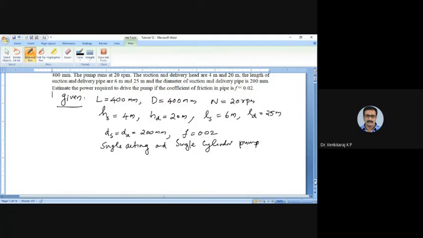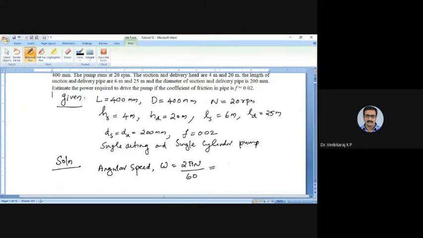Now let us start solving for the power requirement of the pump. Since the speed is specified, we can calculate the angular speed omega. So the angular speed omega we can calculate using the relation 2 pi N by 60.